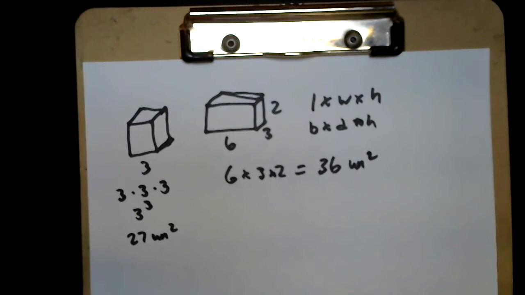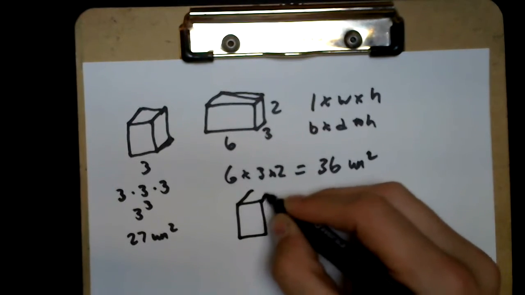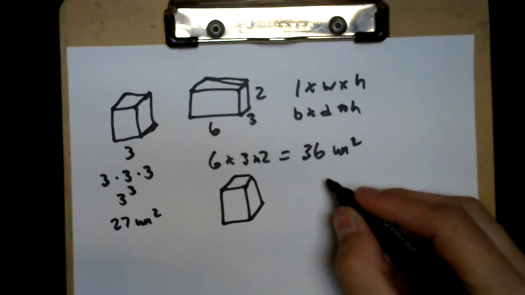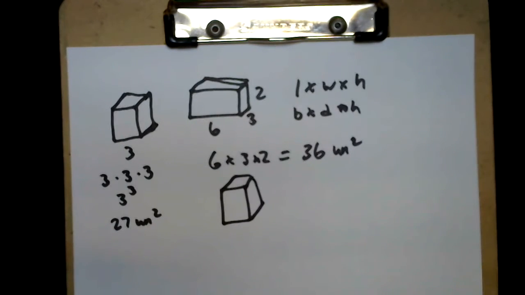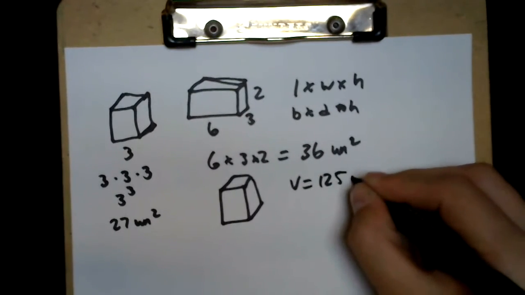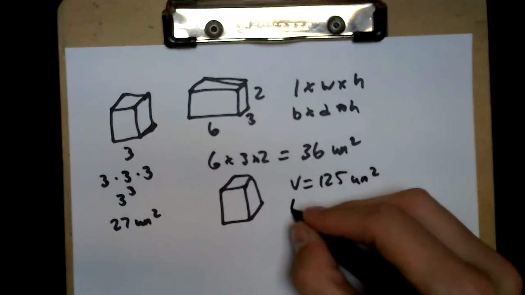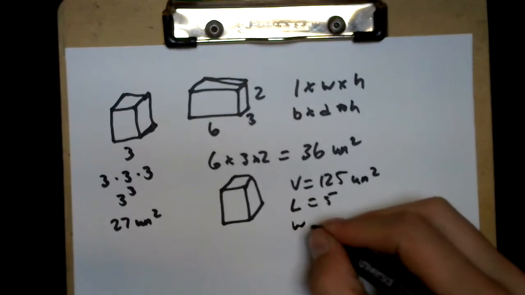Sometimes they may ask you, given the volume, let's say, we'll just do a cube because I can draw it decent. We'll say this is a cube. Given that the volume is 125 units squared, and the length of the side is 5, what's the width?